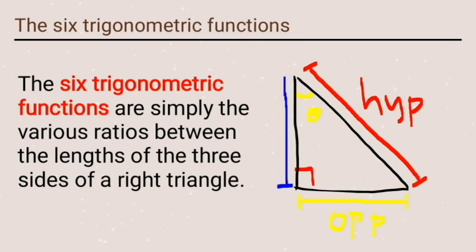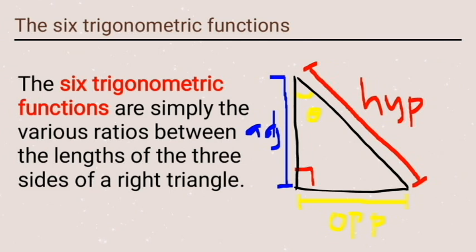This is now our adjacent. Next, how can we relate this Pythagorean theorem or this figure, the right triangle, to the six trigonometric functions?